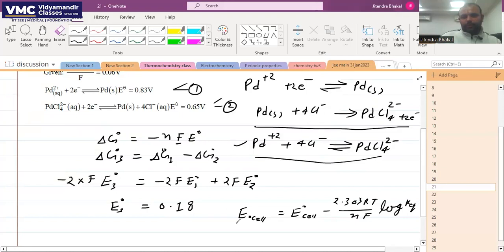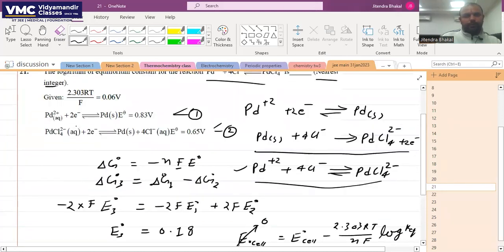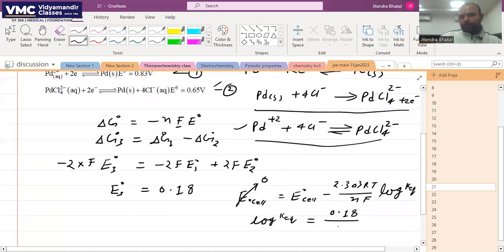With E cell equal to 0, the value of log K equilibrium is equal to 0.18, the E naught, divided by the value of 2.303 RT by F, which is 0.06. n is the number of electrons, so when we divide it by 2, we get 0.03. So the logarithm of K equilibrium is equal to 6. So for this question, the answer is 6.